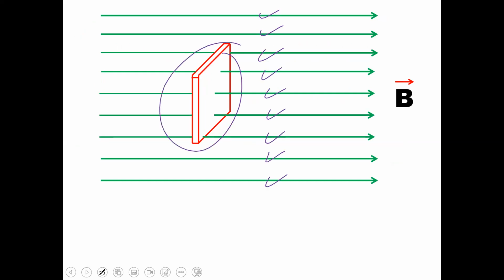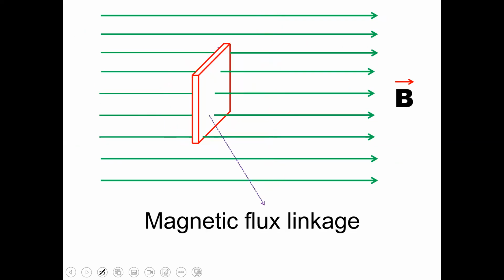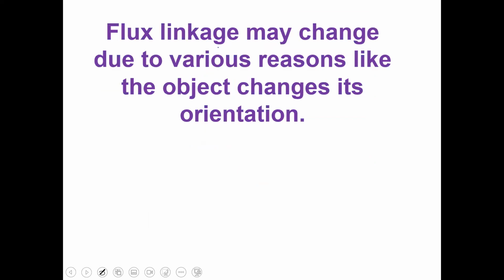But if you count only these lines which are passing through this material, it is called flux linkage. Flux linkage is actually the part of the flux which is passing through a substance like a mobile surface, like a material, anything like that. We will take the area of that substance.